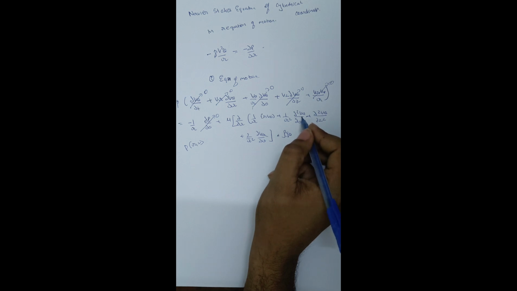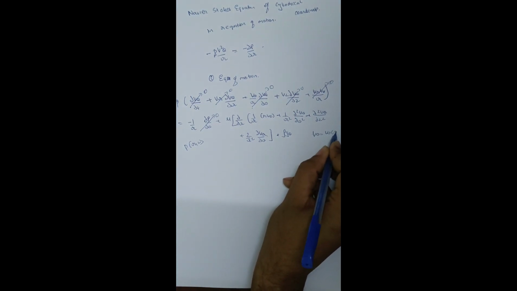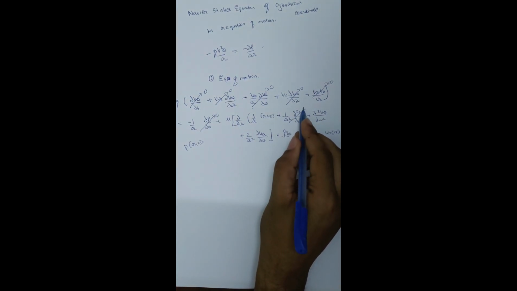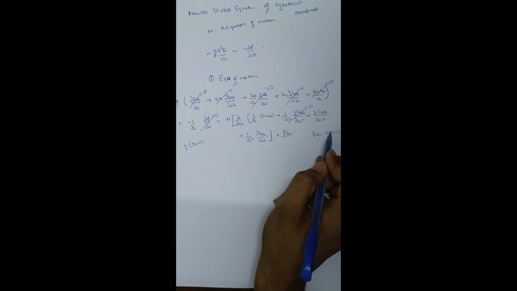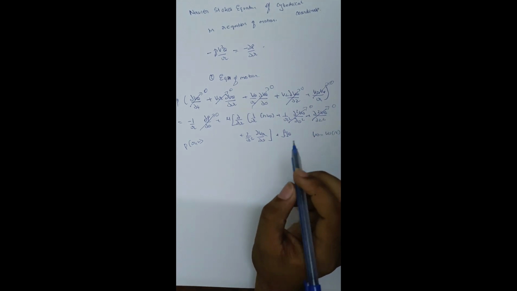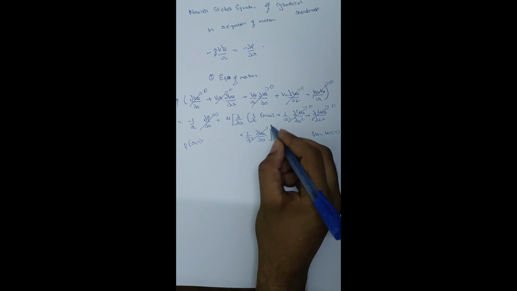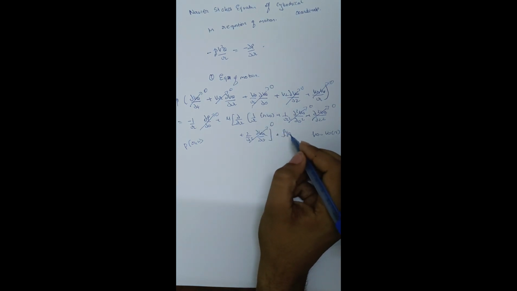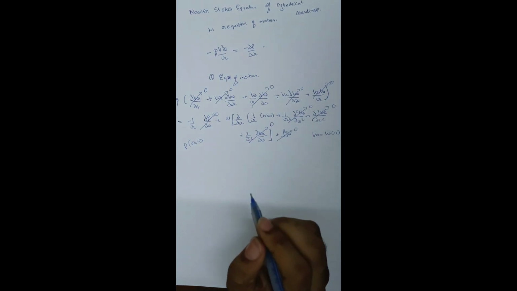We know that vθ is a function of r, not a function of θ, so this term is also going to be 0. Plus ∂²vθ/∂z²; for a similar reason, this term is also going to be 0. Now moving on to this, we know vr is 0, so it is going to be 0. We know that g is not in the θ direction, so this is also going to be 0.